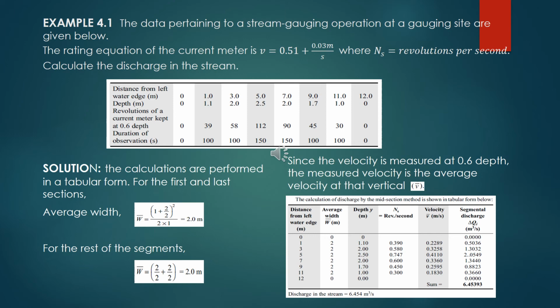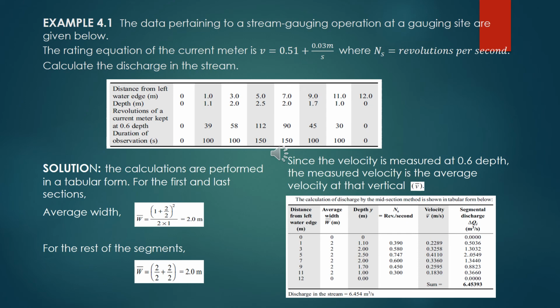Solution. The calculations are performed in a tabular form. For the first and last sections, we have the average width W equals the quantity (1 plus 2 over 2) over 2 times 1, which equals 2.0 meters. For the rest of the segments, we have W equals the quantity (2 over 2 plus 2 over 2), which equals 2.0 meters.